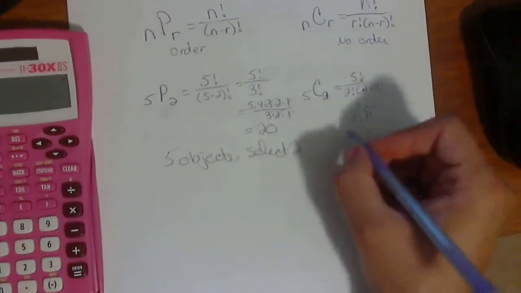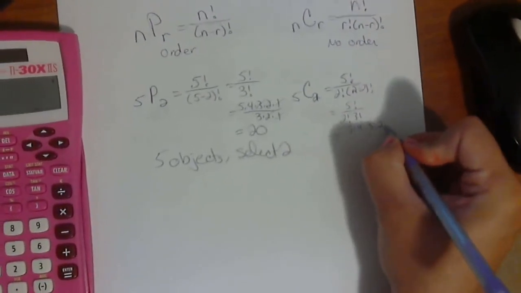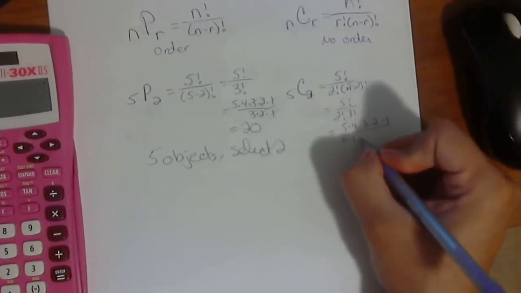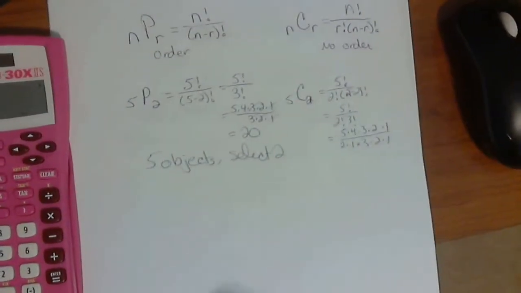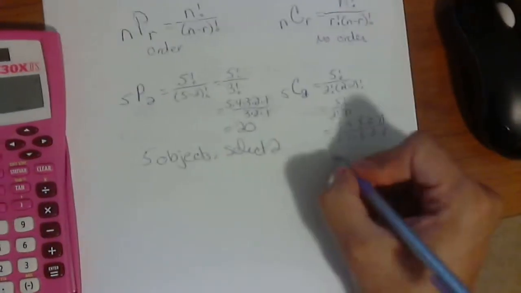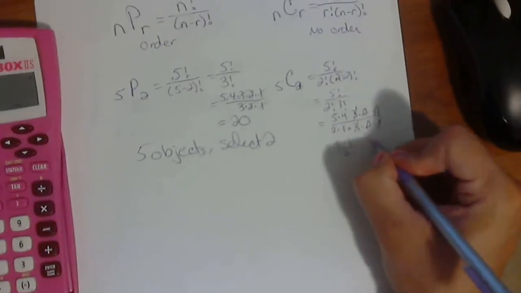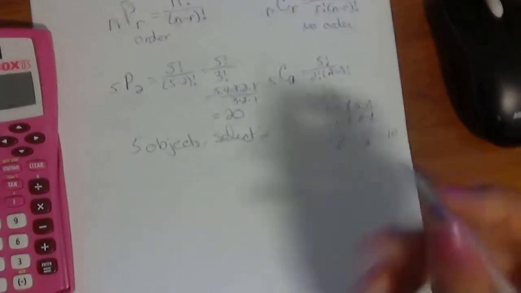And so what this means is it's going to be 5, 4, 3, 2, and 1. The 2 factorial is 2 times 1. The 3 factorial is 3 times 2 times 1. Notice again I can cancel the 3, 2, and 1, which gives me 5 times 4 divided by 2, so that's 20 divided by 2, which is going to give me a 10.